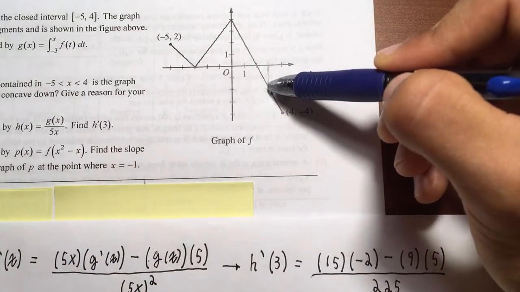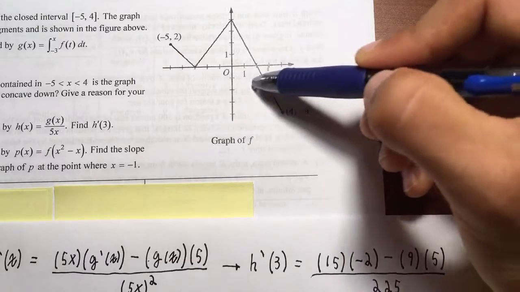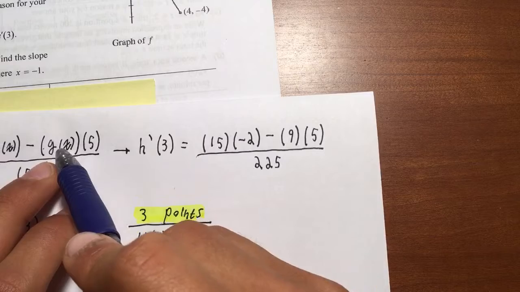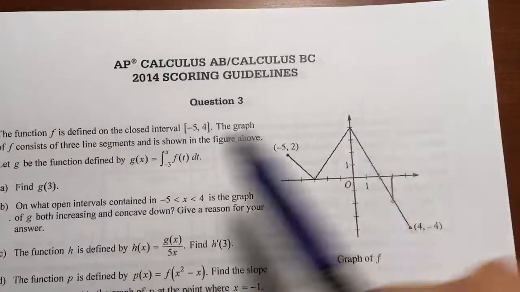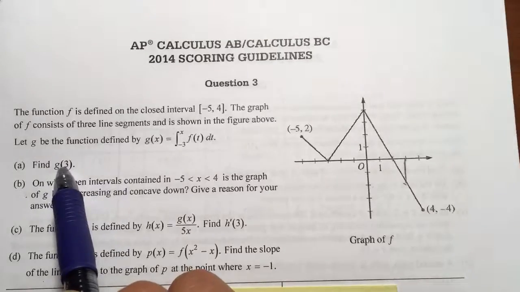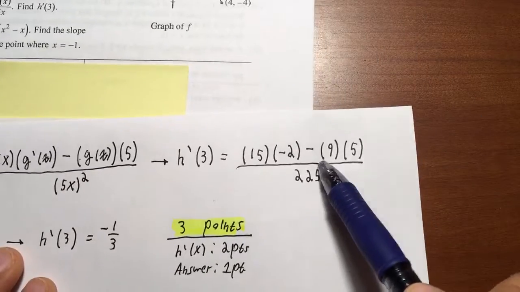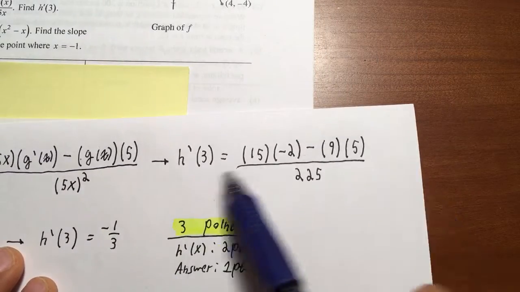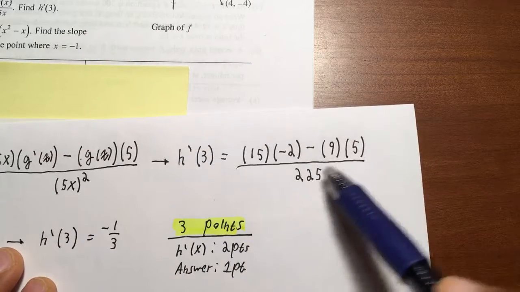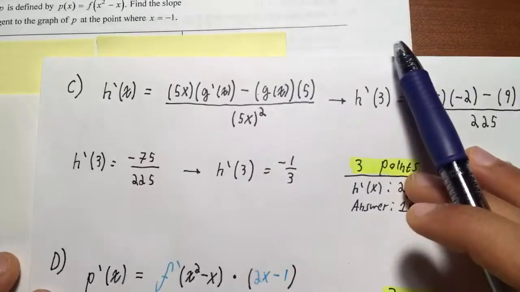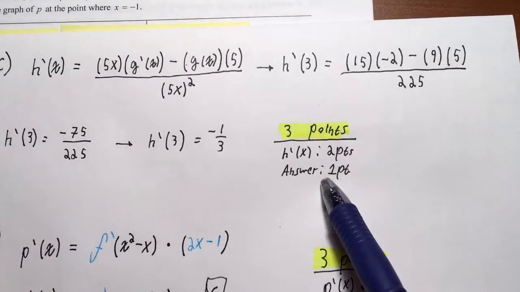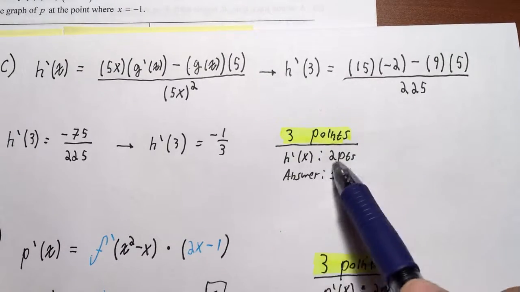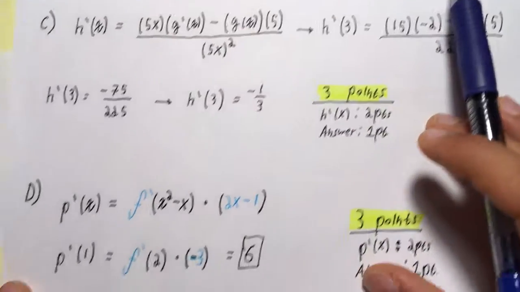So g prime at 3 is going to be -2 over here, minus g plain of 3, the basic function, which we did before in part A. Part A asks us to find g of 3, so we can use that value here, 9 times 5. Draw a line, square below, 15 squared, you get 225. You can simplify and you get -1/3. Now again, only 1 point for the answer, but you get most of your points from this equation right here.